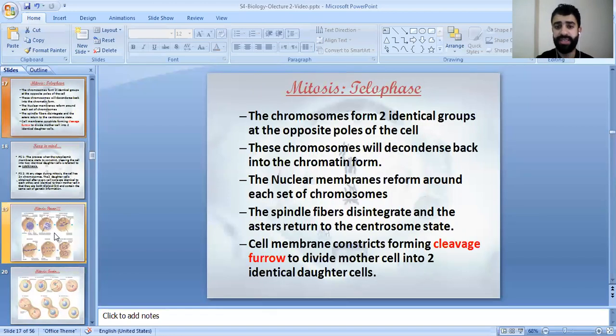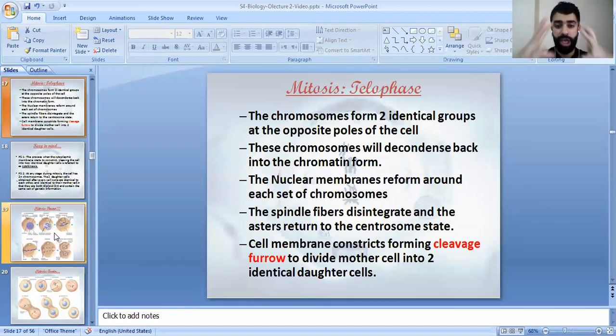In telophase and cytokinesis, the chromosomes form 2 identical groups at the opposite poles of the cell. These chromosomes will decondense. They will come back to their origin, which is the chromatin. The nuclear membrane reforms. The spindle fibers disintegrate, they disappear, and the asters move back to their origin, which is the centrosome.